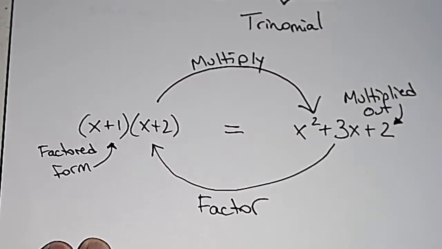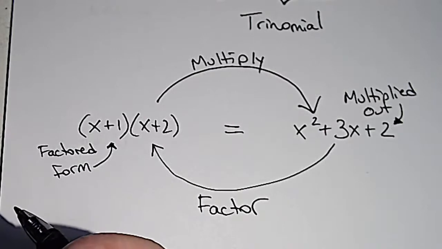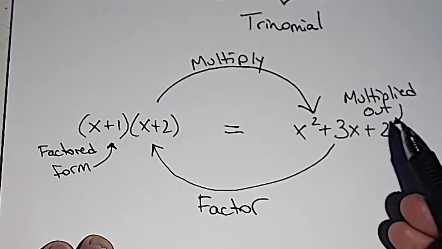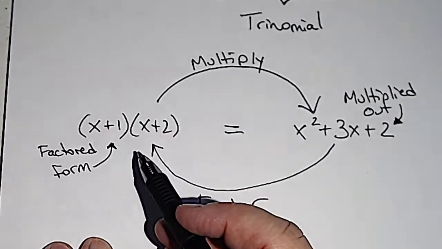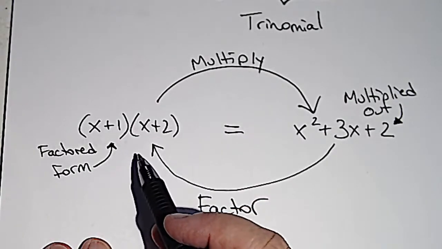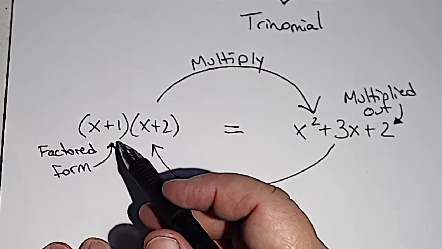For the rest of this chapter and this class, you're going to need to pay careful attention and find out whether we want the polynomial multiplied out or in its factored form. We will have different answers depending on which one we're looking for.